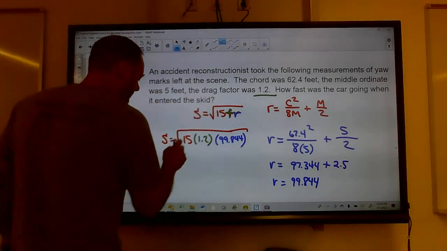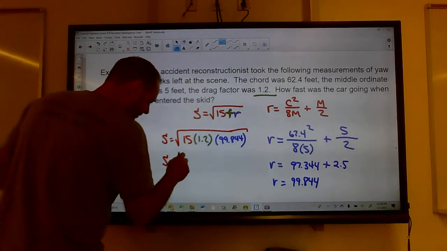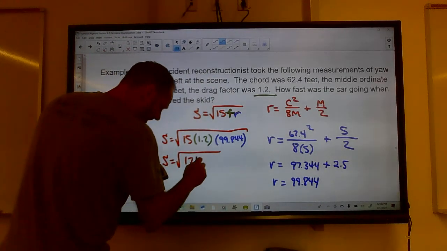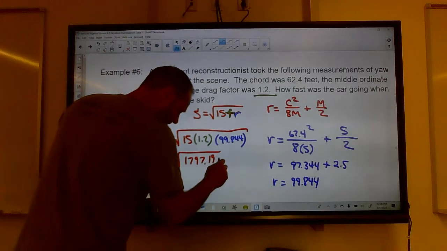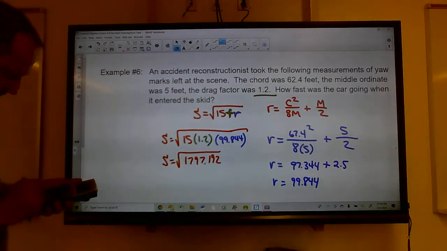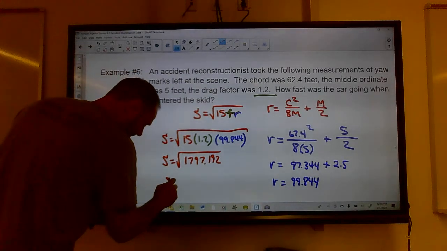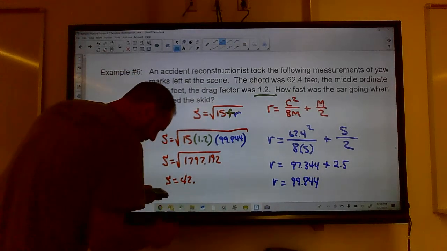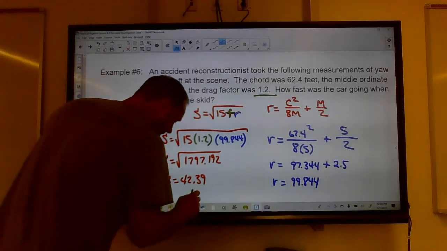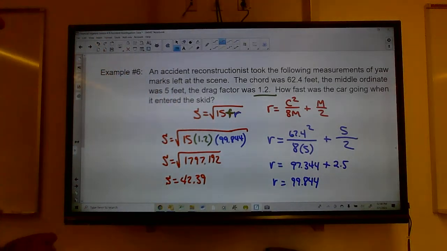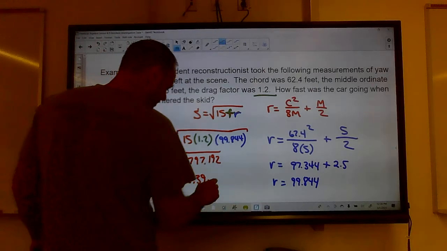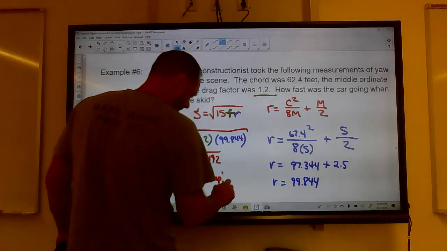This comes out to be the square root of 1797.192. I'll square root my answer there. S is 42.39. That's the speed of the car in miles per hour.